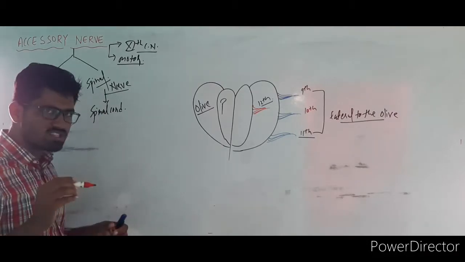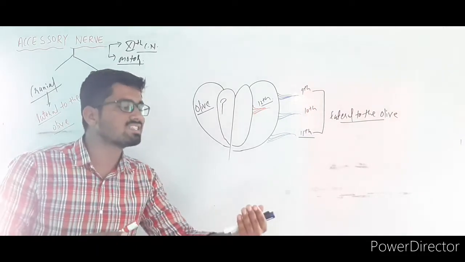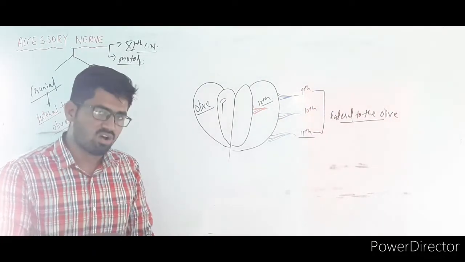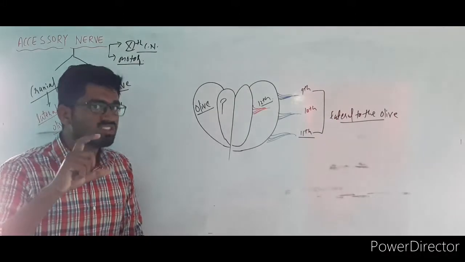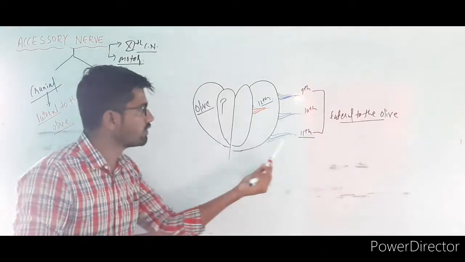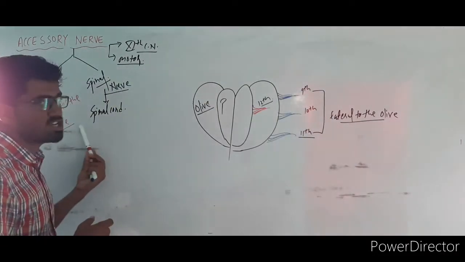So what is the origin of the 11th cranial nerve? You have to say it has two roots. One is the spinal root, which arises from the spinal segments of the first five cervical vertebrae, and the cranial root arises lateral to the olive. So this is the origin.